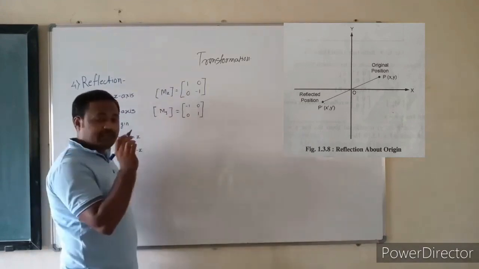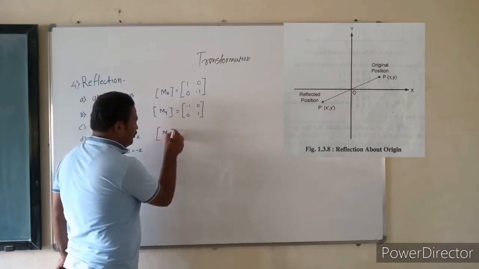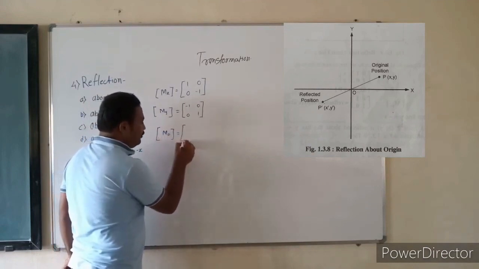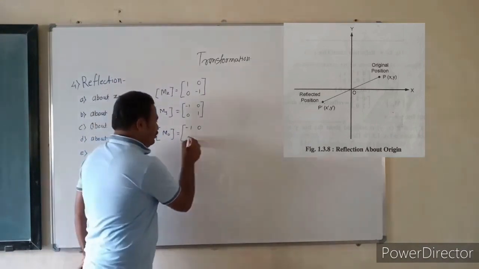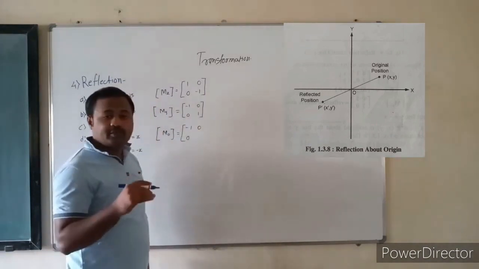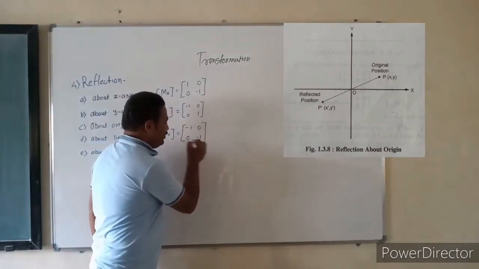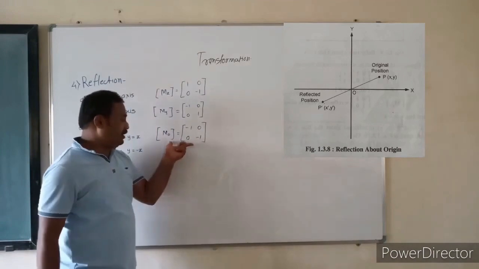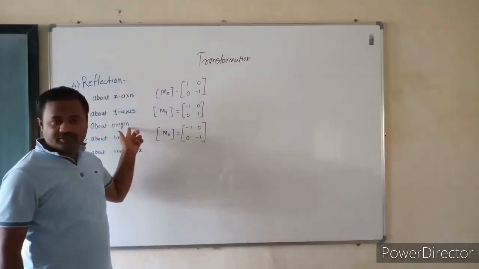Then the matrix MO becomes minus 1 0 0 minus 1. It's the transformation matrix for reflection about the origin.